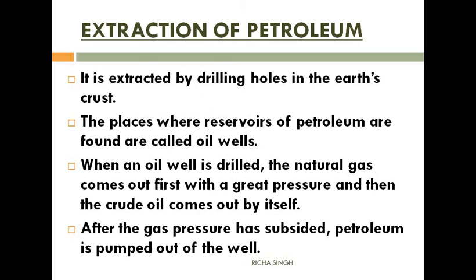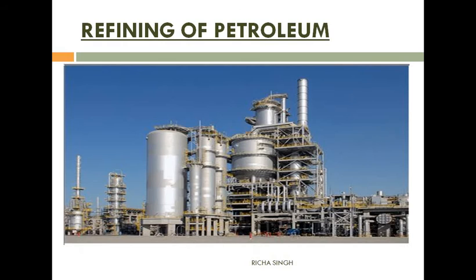The first thing that comes out during drilling is natural gas, and then the petroleum. First we will study petroleum and then we will move on to natural gas. Once the petroleum has been received, it needs to be cleaned. This is known as refining of petroleum.